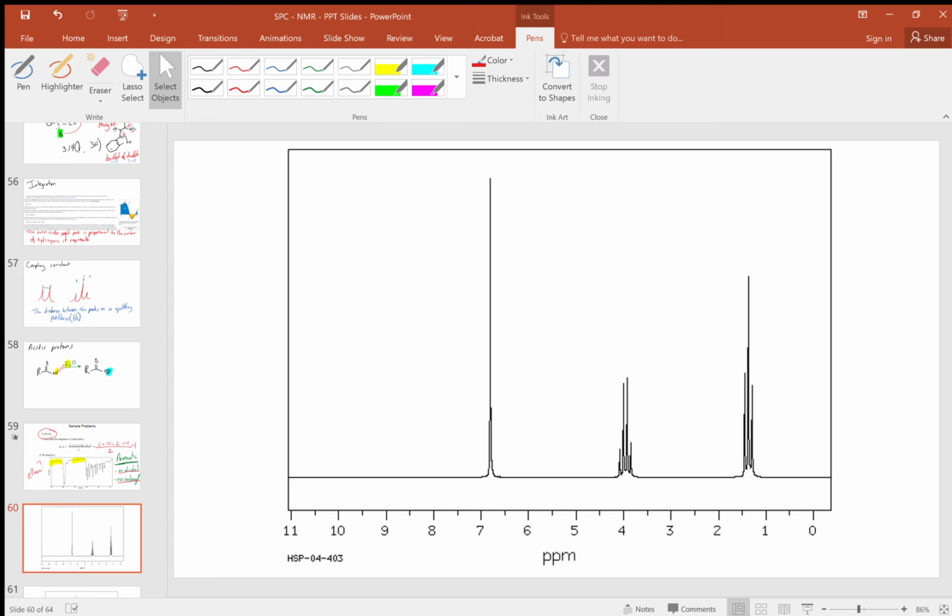All right, if we go on to the proton NMR, something interesting happens. For a molecule that has 10 carbons, 14 hydrogens, there's only 3 peaks. What does that suggest to us?